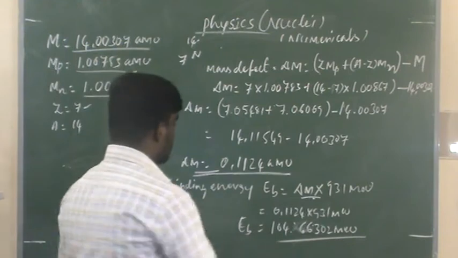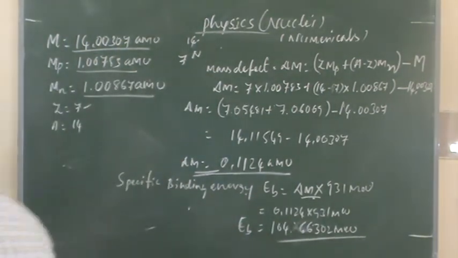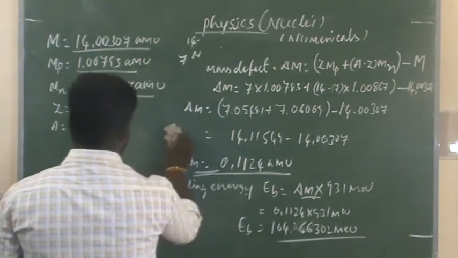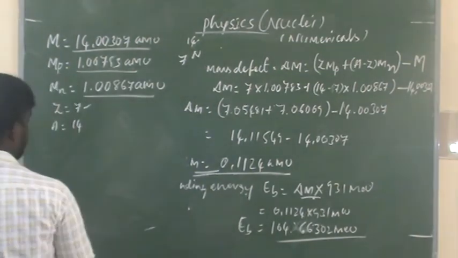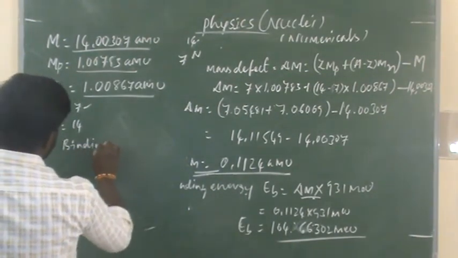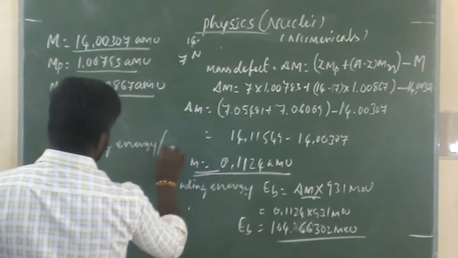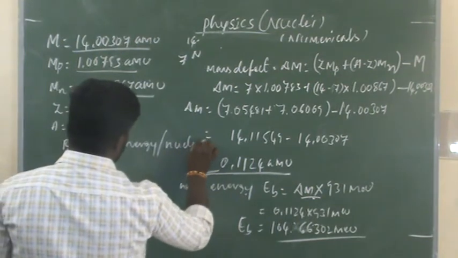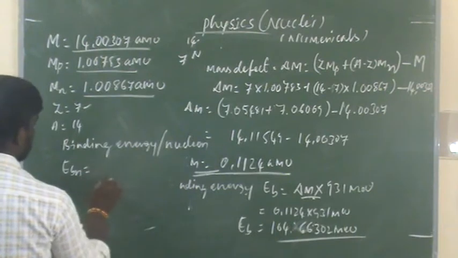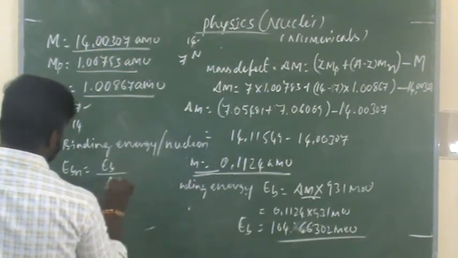So and one more thing, this is the binding energy again. Specific binding energy means binding energy per nucleon, that is E_BN equals binding energy by mass number.